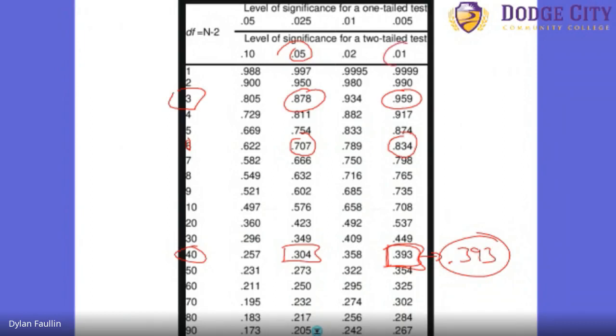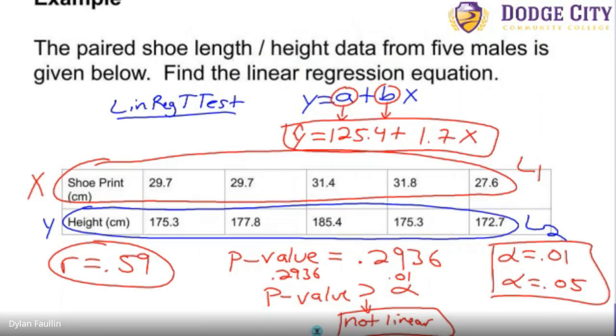So again, if we choose alpha as 0.01, our critical value would be 0.959. So you compare that back to your value of R. I'm trying to think, because they're both R values. There's our test statistic R, and then there's the critical value R. They're both R's.